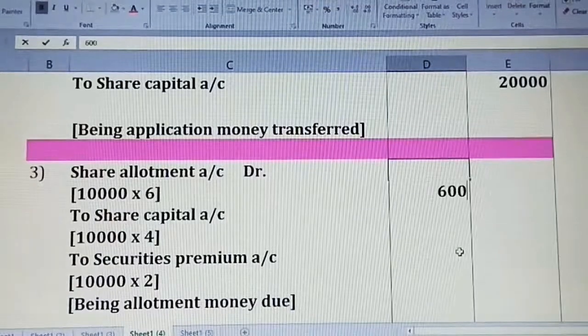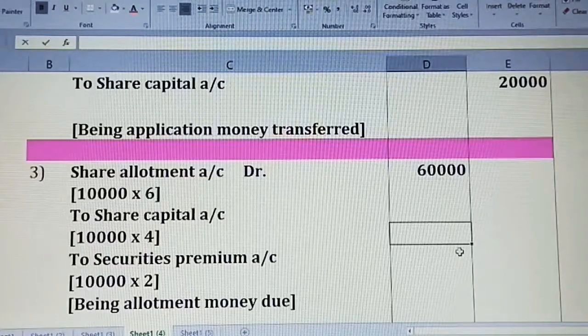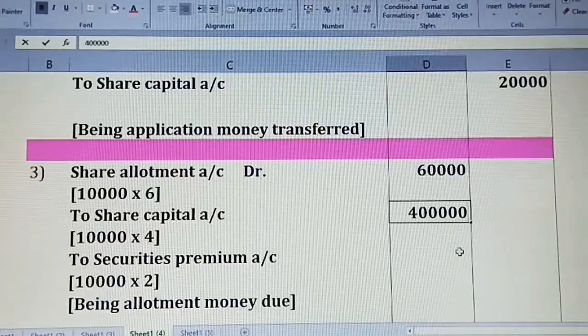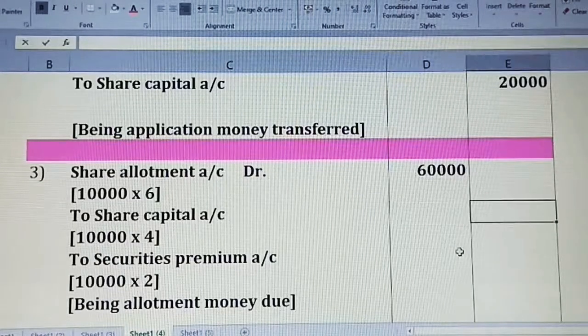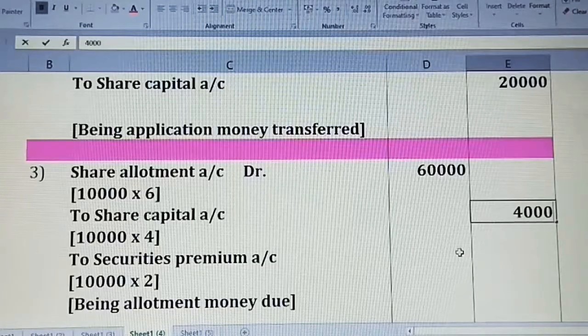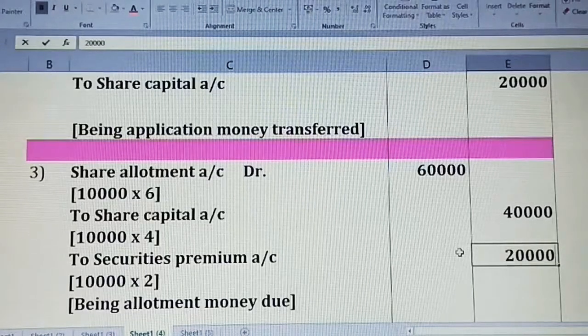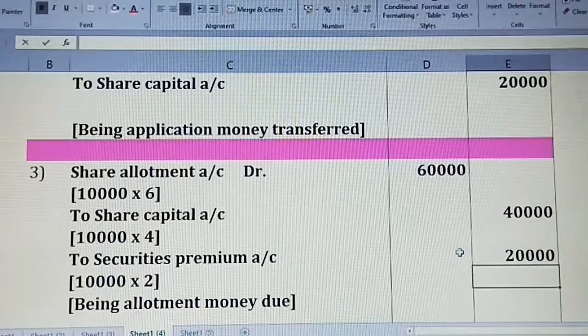It is 60,000, 40,000, and then 20,000. Just observe that the debit and the credit totals should be equal. So share allotment account debit to share capital account and securities premium account, being allotment money due.